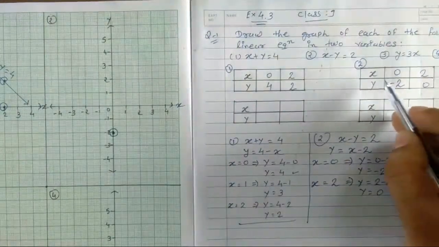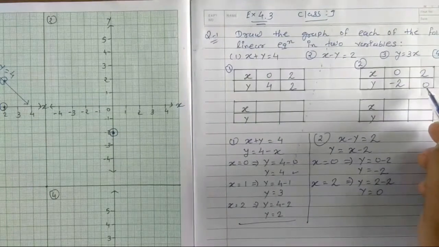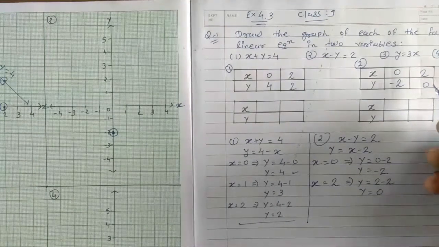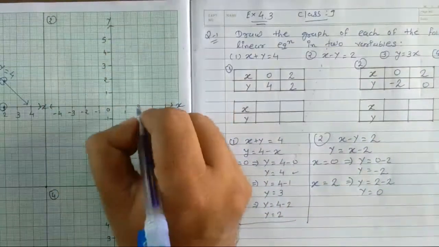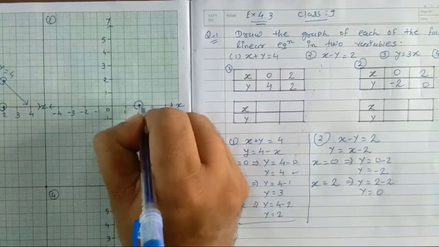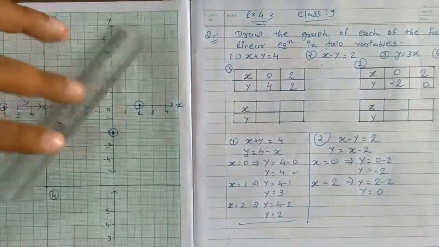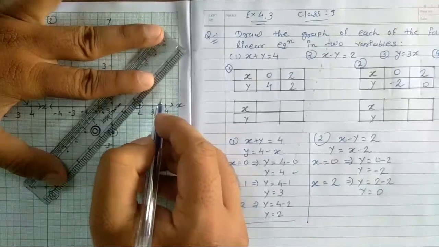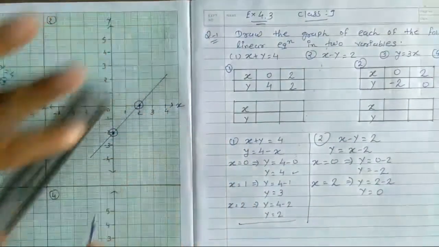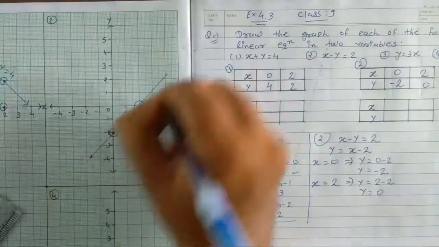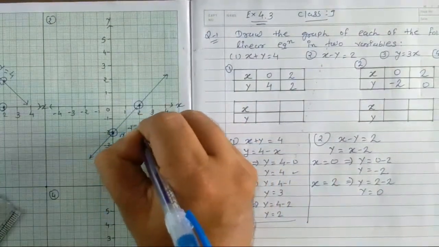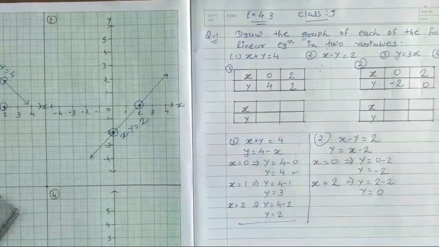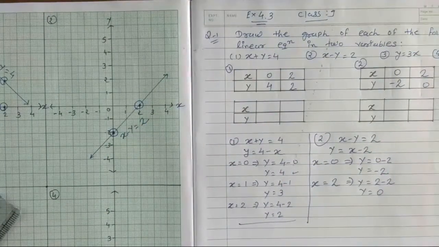Now when x is equal to 2, at that time y is equal to 0, so 2 is here and it will be here. So we can draw this linear equation. Write down x minus y equal to 2. So this is the solution of our second equation.